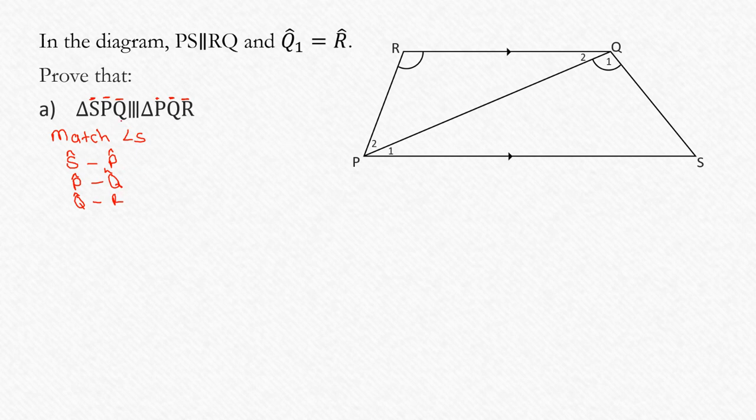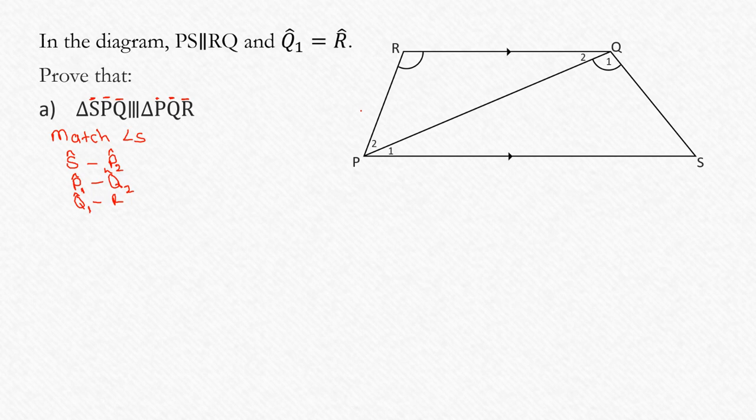S in SPQ is angle S. P in SPQ is angle P1. Then Q in triangle SPQ is Q1. And then P in triangle PQR is P2, and Q in triangle PQR is Q2. And then R is angle R there.